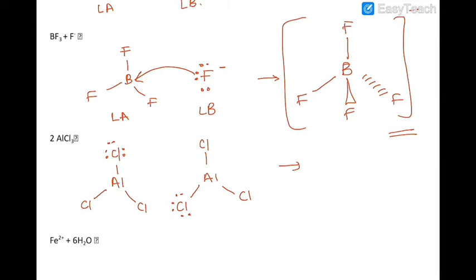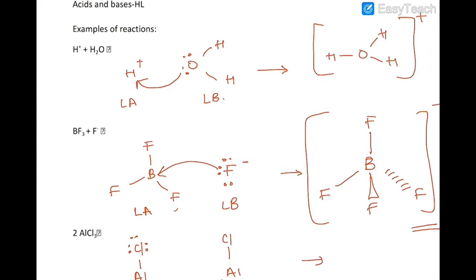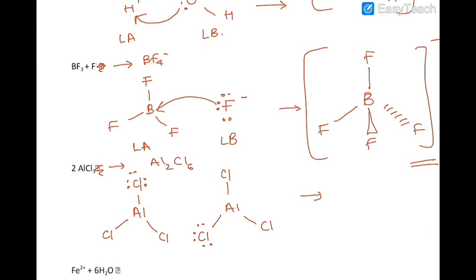Then you have AlCl3. Here AlCl3 is going to form a dimer. Dimerizes means that two similar molecules are going to combine together. Cl has a lone pair of electrons, so it's going to donate it to aluminium.